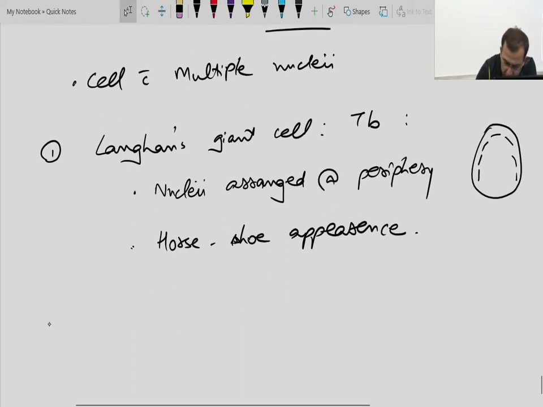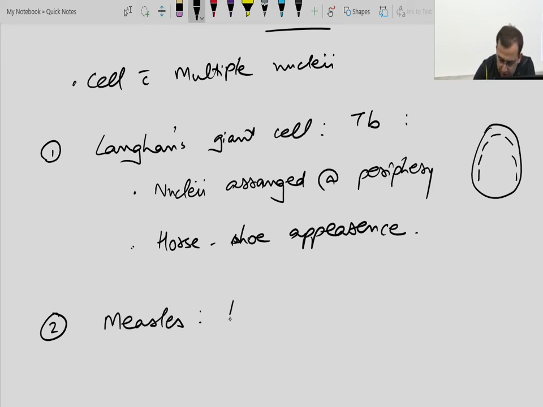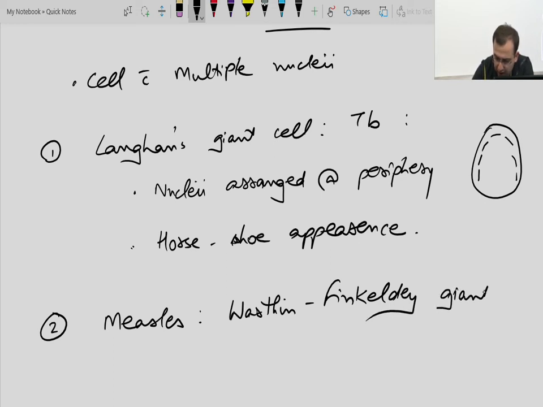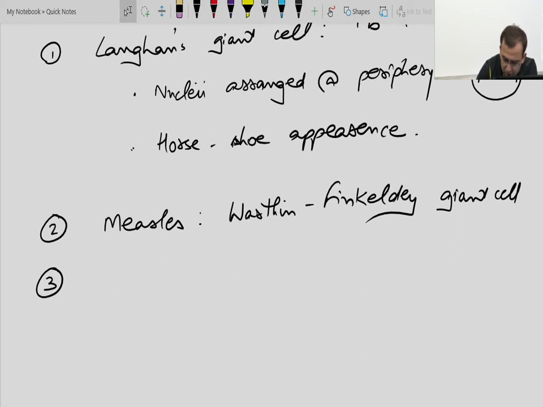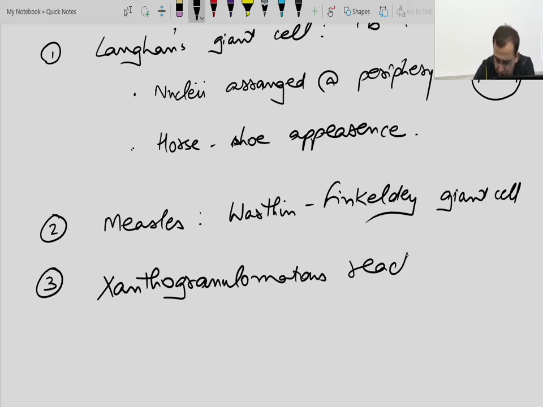Next, the next type of giant cell: measles, which is associated with the Warthin-Finkeldey giant cell. Next is xanthogranulomatous reactions, which was what the question was on.